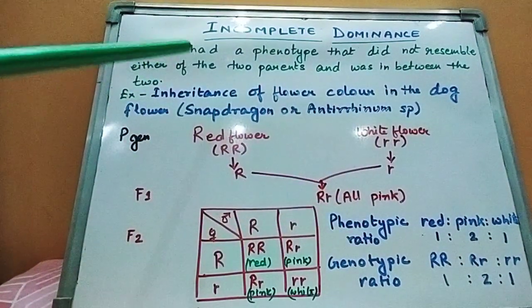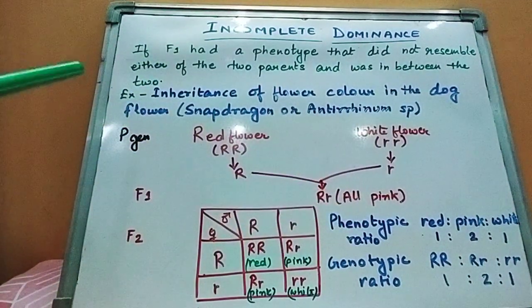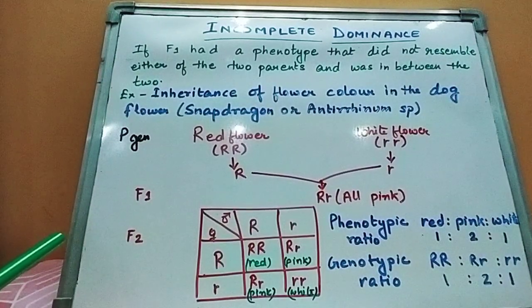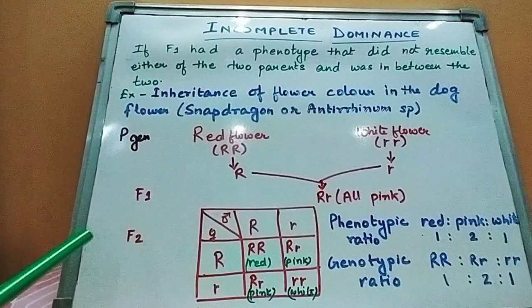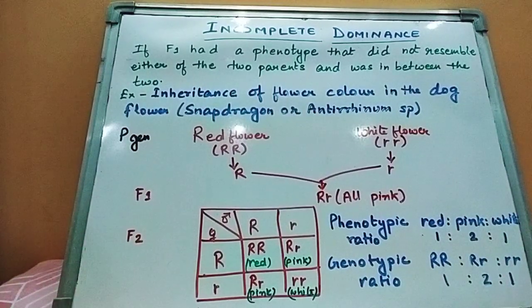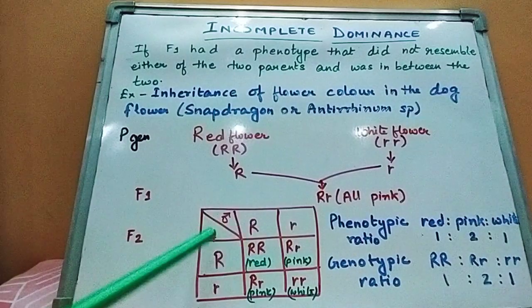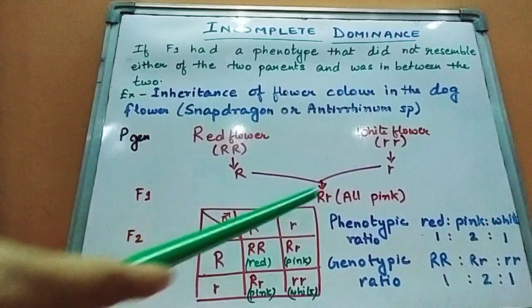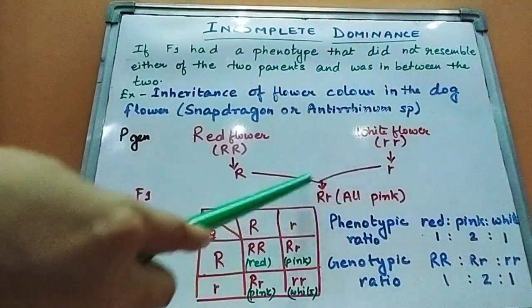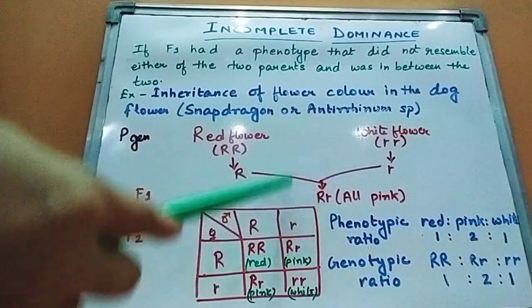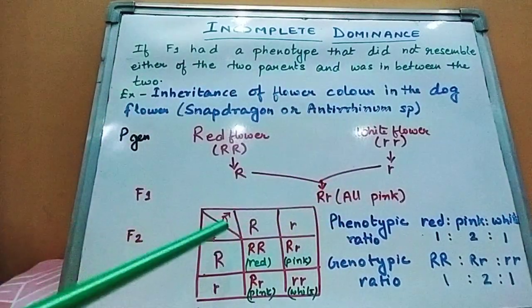So why did this happen? Because the allele was unable to get expressed completely. That means the gene or allele was not completely dominating in nature. In the second generation, that is F2, the cross was between the offspring themselves, that is, self-crossed.